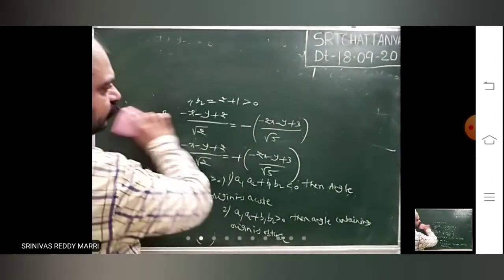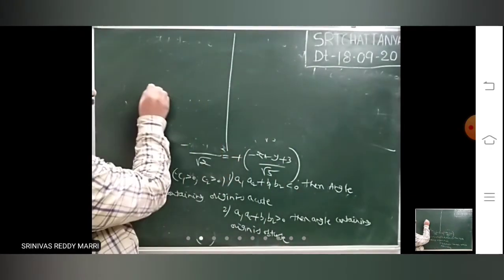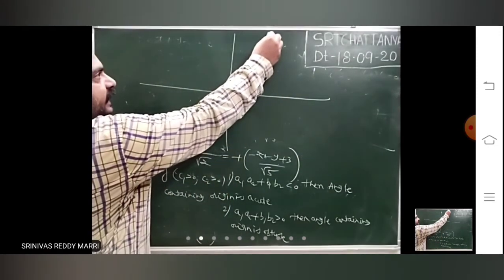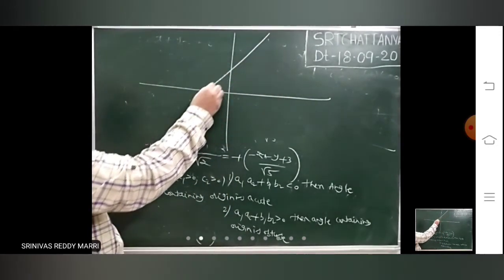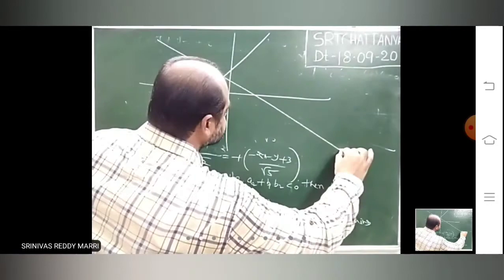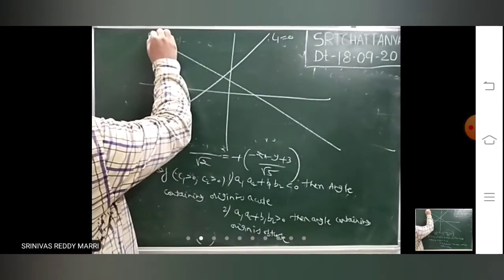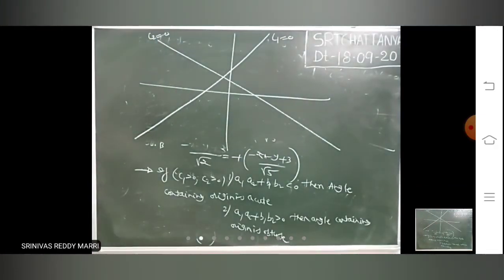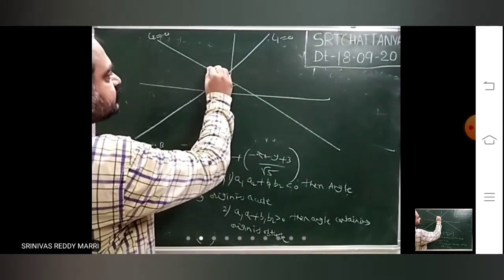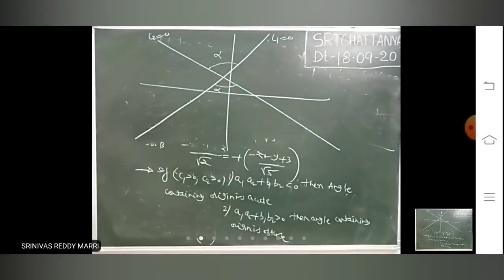Two lines are there. If you draw the diagram, two lines in the plane, the lines are like this. Look at, I am drawing the lines. So these are the two lines, L1 equal to 0, L2 equal to 0. This is one angle, let us say alpha.